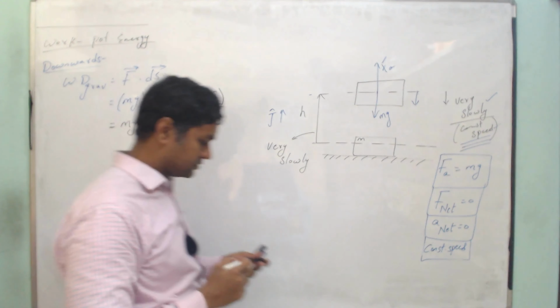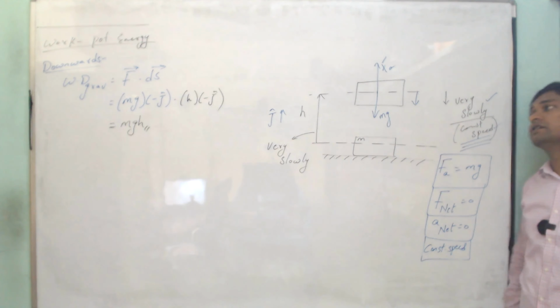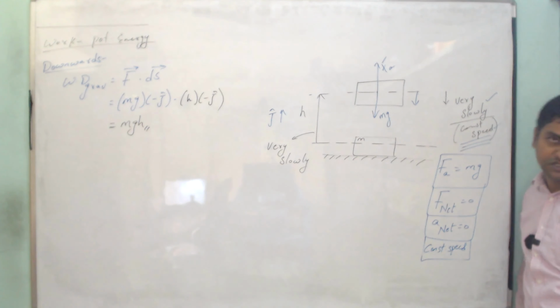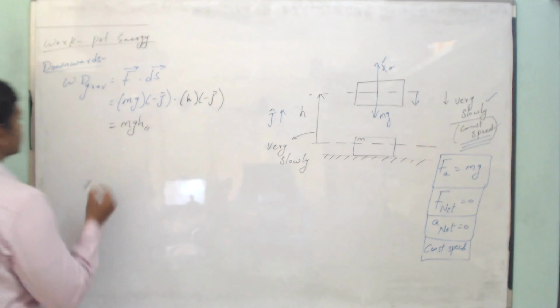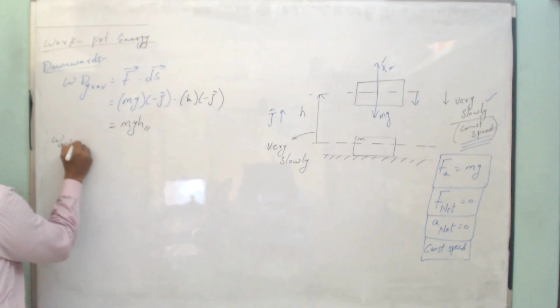So using our school definition, the work done by the gravitational force, I got as mgh. Now, using the same school definition, what is the work done by my action force?